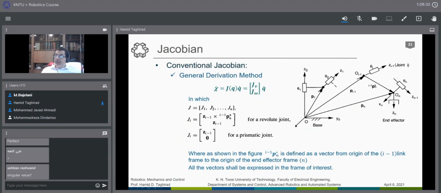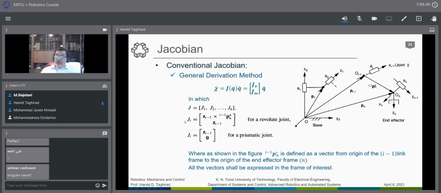But what about this Pn star i minus 1? Pn star with respect to i minus 1, this vector is as shown here. The point of interest for which we would like to find the Jacobian, let's call it On. The vector that connects from it to the origin of the i minus 1 link is defined as this vector.